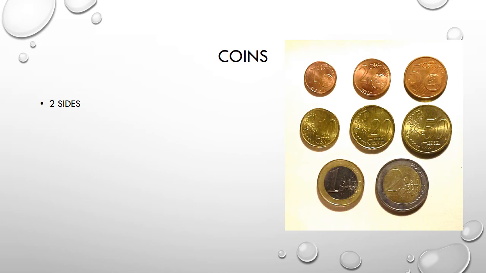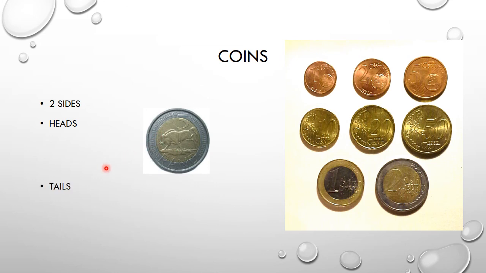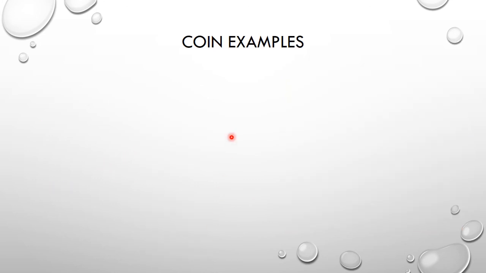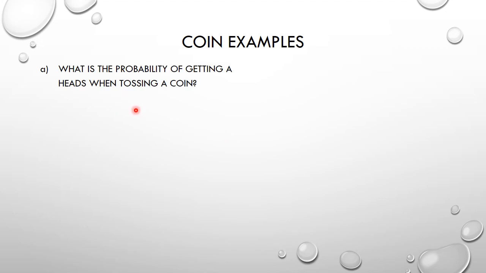If we look at coins, they have 2 sides, a head, which is a picture, and the tails, which is usually the coat of arms. Some examples on those. What is the probability of getting a heads when tossing a coin? Probability of getting a heads is a half, because there's 1 heads, there's 2 sides of a coin, 0.5, 50%, even chance.